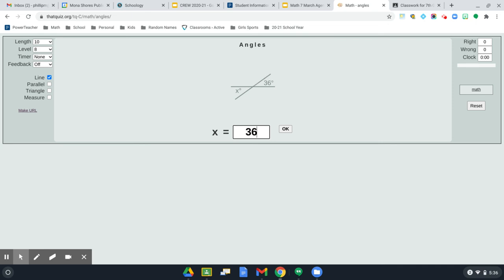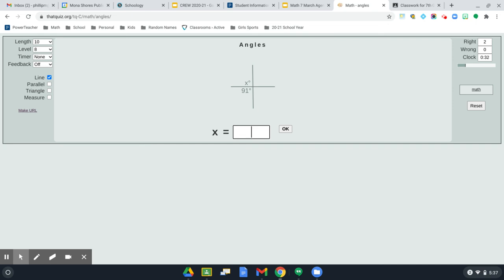X is also 36. These are supplementary, so these are right next to each other. If you're having a hard time figuring out what that missing angle is, because you know it has to equal 180, but you're thinking, okay, 126, what's going to give me 180? Use your calculator if you need to, that's fine. That means you should be doing 180 minus 126. That missing angle here is 54 degrees. Don't mind Max barking in the background.